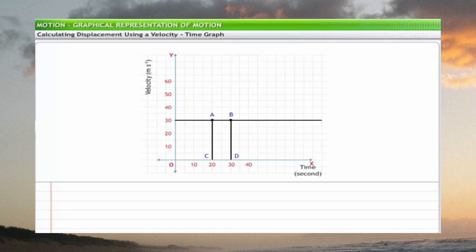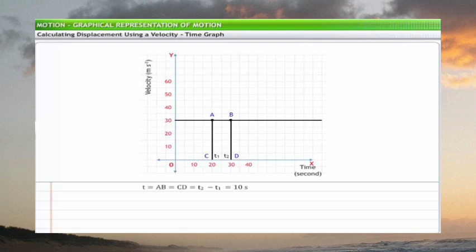The time taken, t, by the car to move from the position represented by point A to the position represented by the point B is the difference of time t2 and t1. We can say AB is equal to CD is equal to t2 minus t1 is equal to 30 minus 20 is equal to 10 seconds.